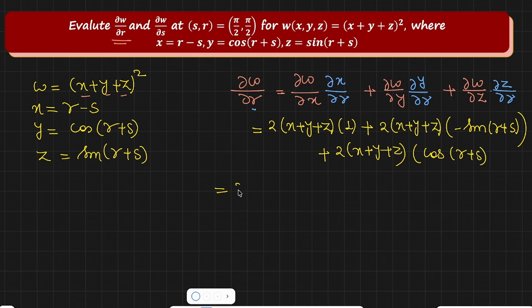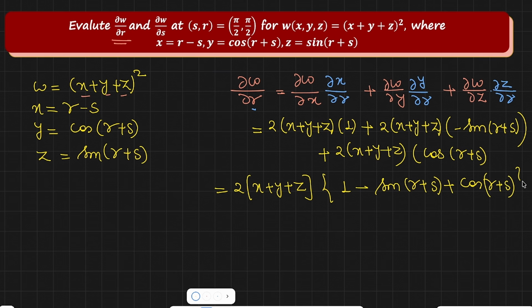Now what to do? Can I take this as common? If I take 2(x + y + z) as common, it will be 1 − sin(r + s) + cos(r + s). Now put the values of x, y, z.